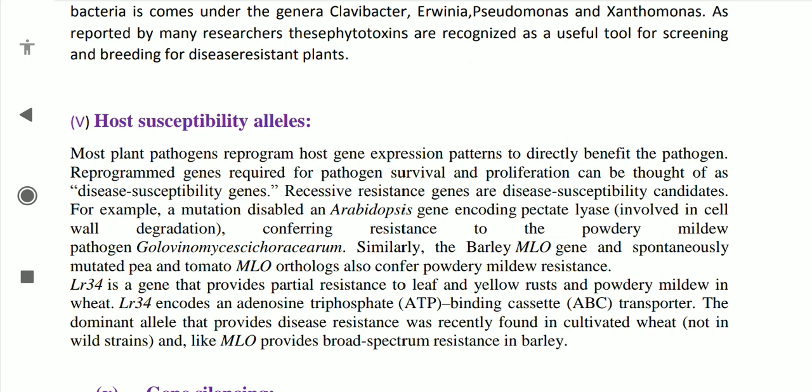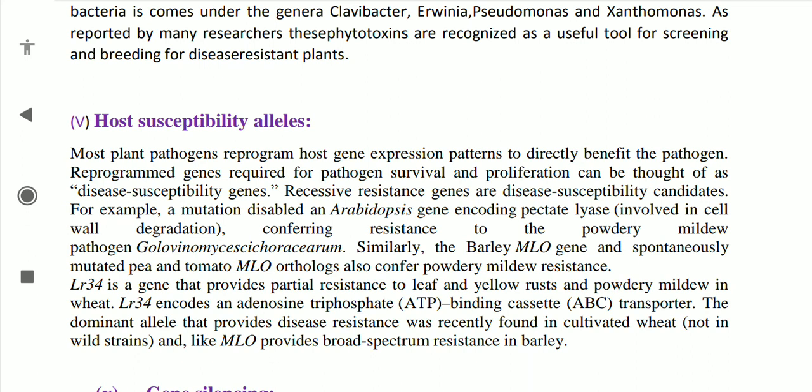Similarly, the barley MLO gene and spontaneously mutated pea and tomato MLO orthologs also confer powdery mildew resistance. Lr34 is a gene that provides partial resistance to leaf rust, yellow rust, and powdery mildew in wheat. Lr34 encodes an adenosine triphosphate binding cassette transporter.